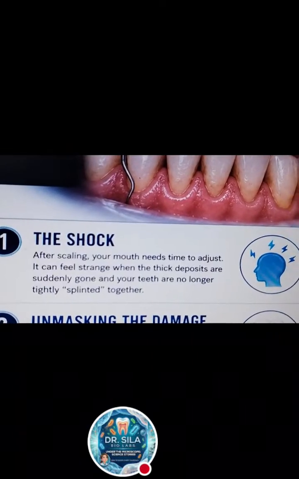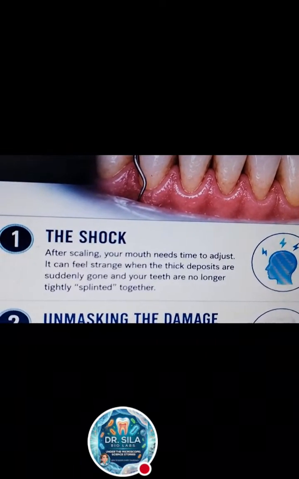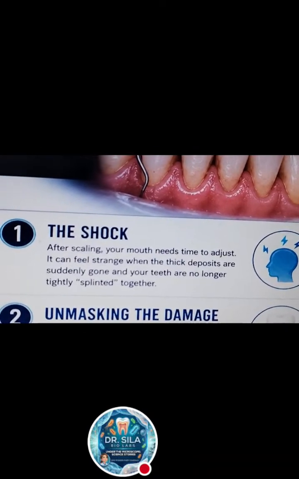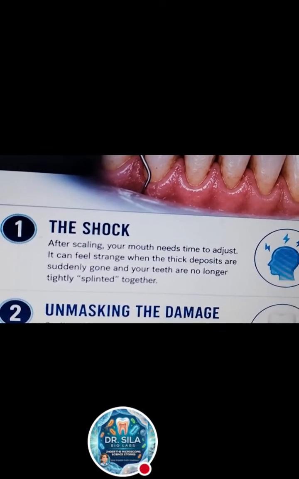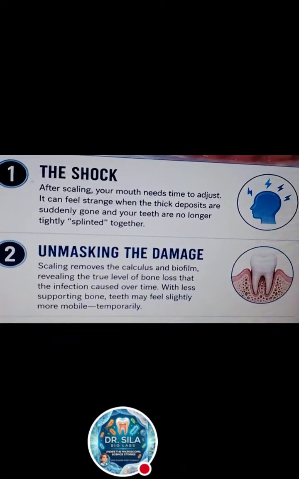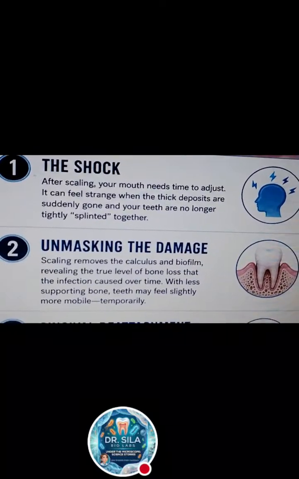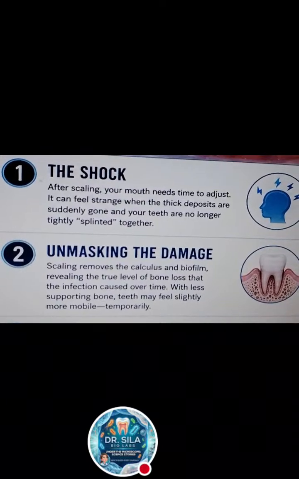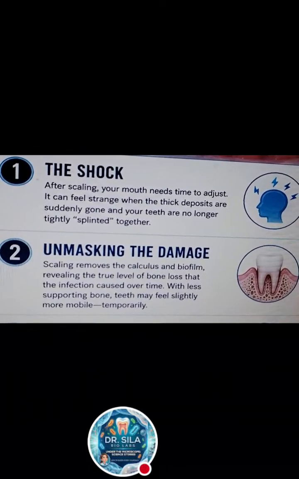So after scaling, your mouth needs time to adjust. It can feel strange when thick tartar is suddenly gone and your teeth are no longer tightly splinted together. Scaling removes the calculus and biofilm, revealing the true level of bone loss that the infection caused over time.